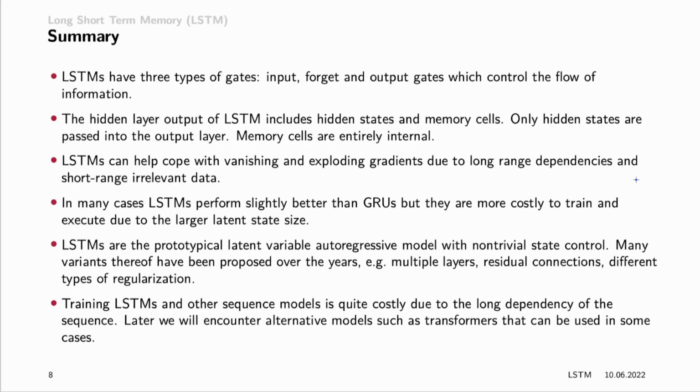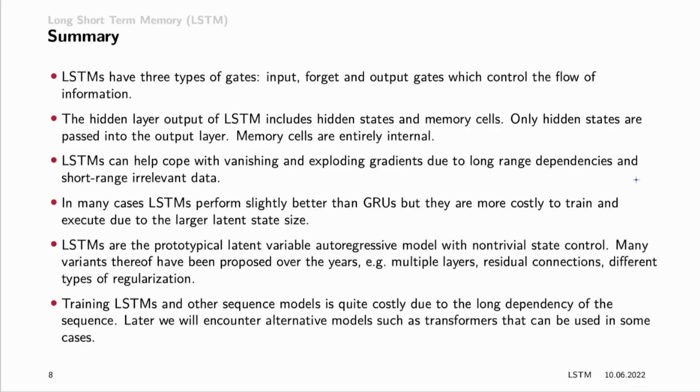LSTMs are the prototypical latent variable autoregressive model with a state control that is non-trivial. Many variants have been proposed over time, for example, adding more layers, adding residual connections, or different types of regularizations.